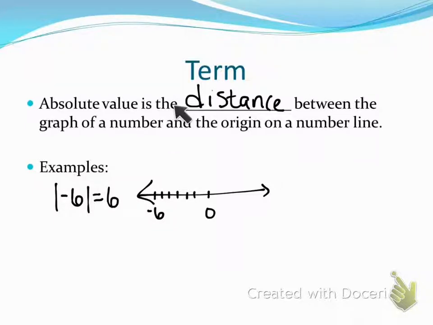The distance between the graph of that number, so if I put a point at negative 6, the distance between that and my origin, which is 0, is 6 units. So that's what absolute value means. But we could also go in the other direction. We could count 1, 2, 3, 4, 5, 6 in a positive direction.